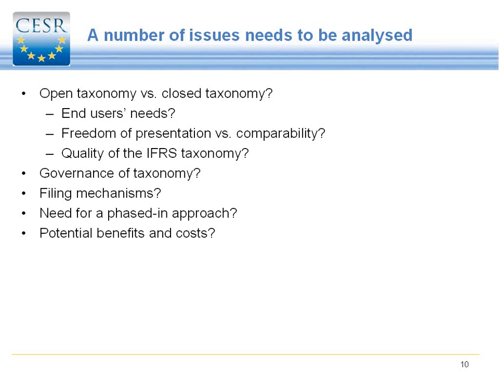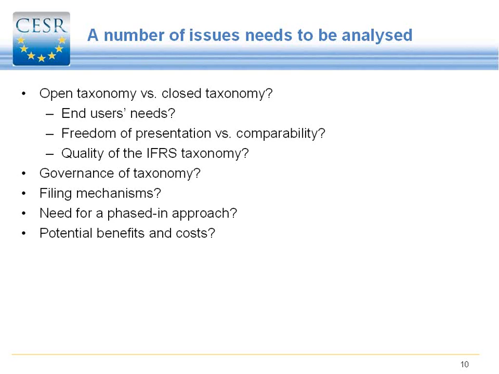Some third country regulators, such as the Israeli Securities Authority, have a closed taxonomy which is based on the IFRS taxonomy, but only includes something like 200 tags. We have to analyze what the end users' needs are.